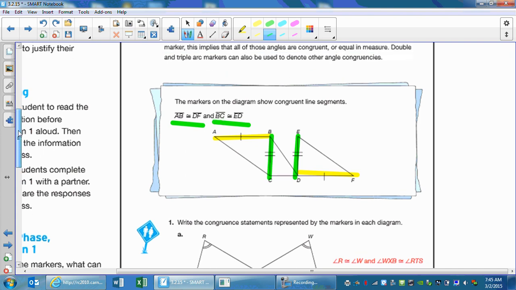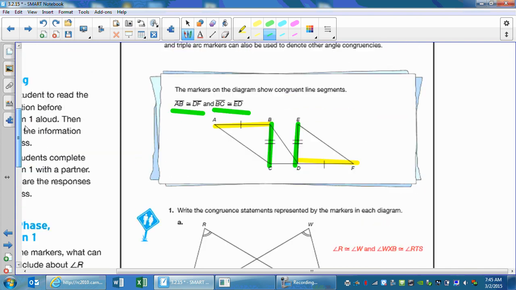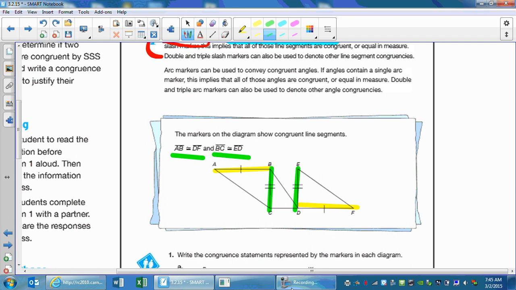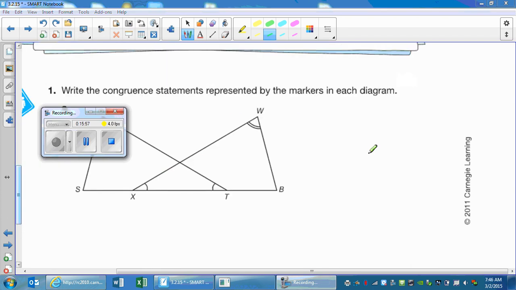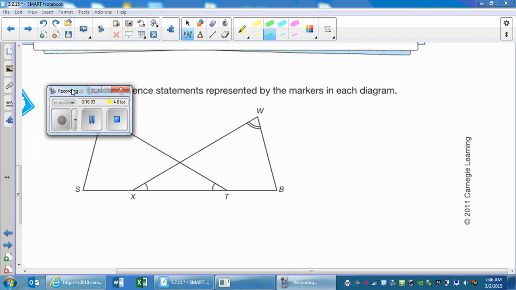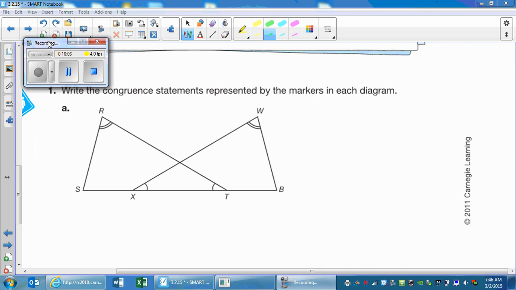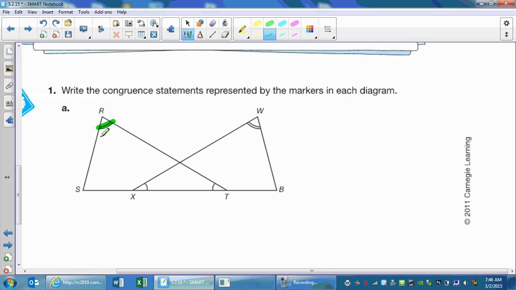So now let's use that knowledge down below. So this also works for angles. So the two little tally marks, now we have two little arc marks. So we would have, see how this is a double arc here?